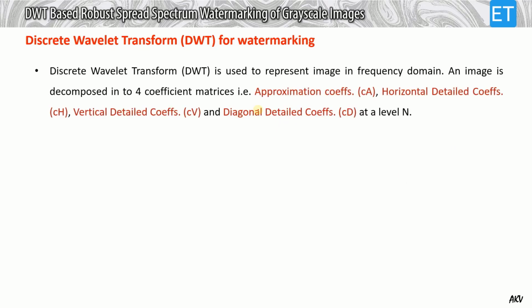Now let's see how we have used the discrete wavelet transform for watermarking. The discrete wavelet transform, as we know, is used to represent an image in the frequency domain.